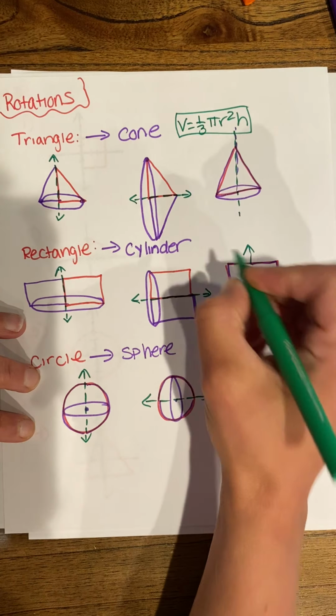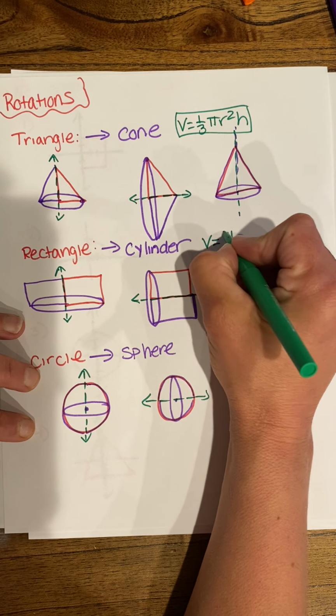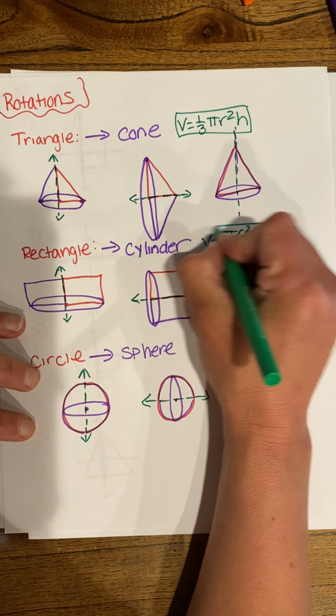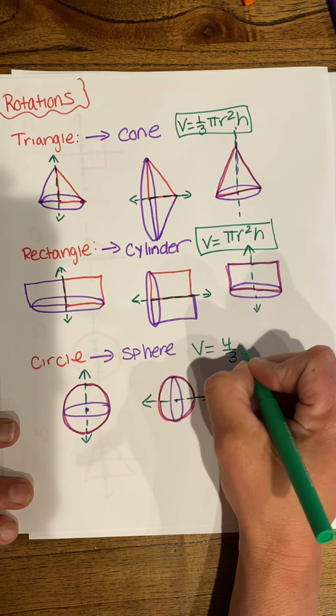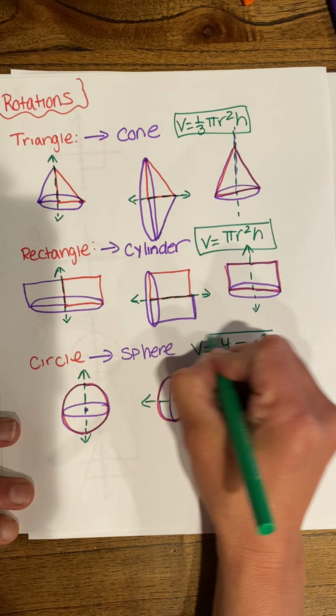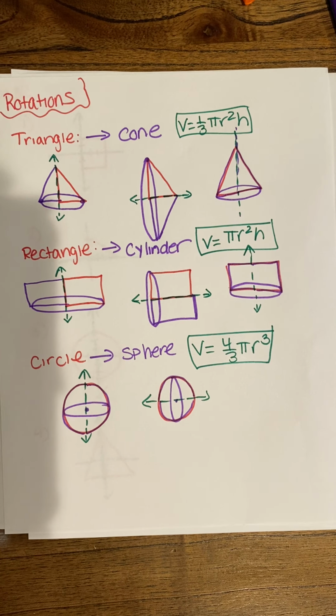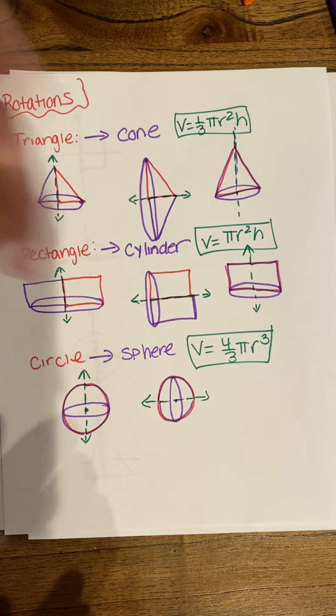We know the volume of a cylinder is pi r squared h, and the volume of a sphere is 4/3 pi r cubed. So we just need these 3 formulas.